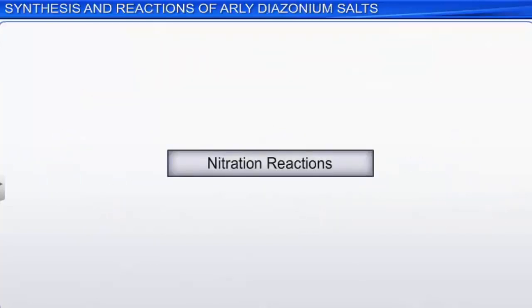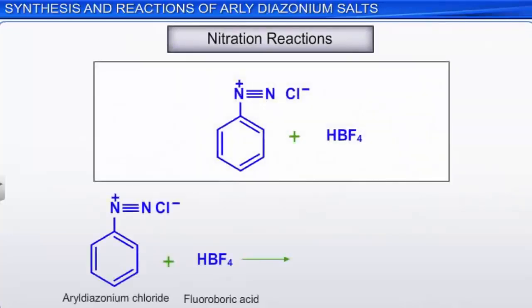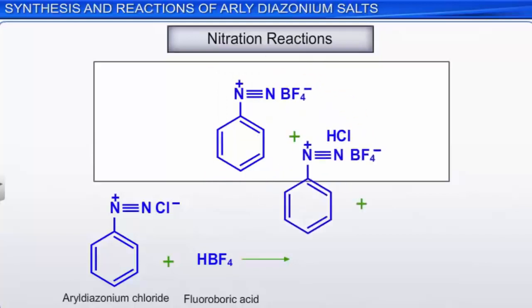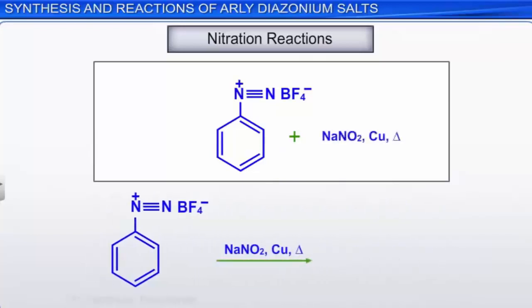First, prepare diazonium fluoroborate by reacting the aryl diazonium chloride with fluoroboric acid. When the diazonium fluoroborate is heated with aqueous sodium nitrite in the presence of copper, the diazonium group is replaced by a nitro group.